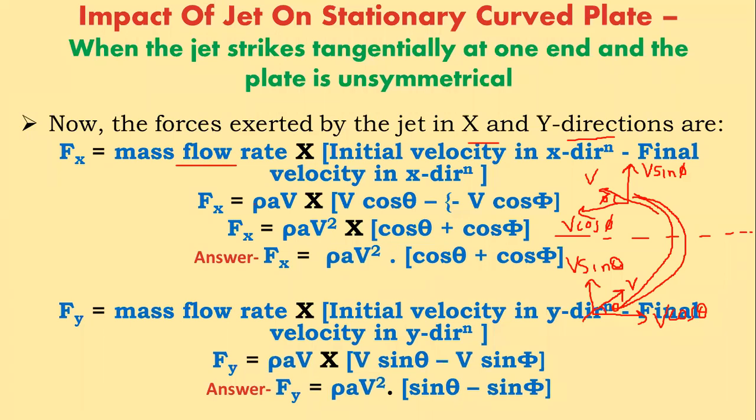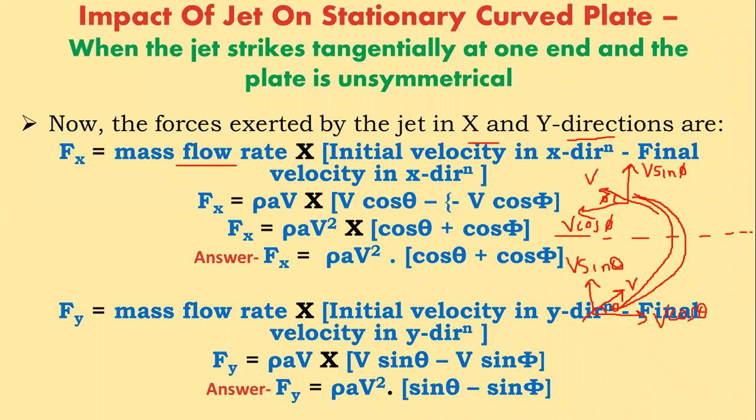And in that stationary curved plate, we have seen three subtypes. First, when the jet strikes at the center of the curved plate. Second, when the jet strikes tangentially at one end and the plate is symmetrical. And third, when the jet strikes tangentially at one end and the plate is unsymmetrical. We have seen all the types.